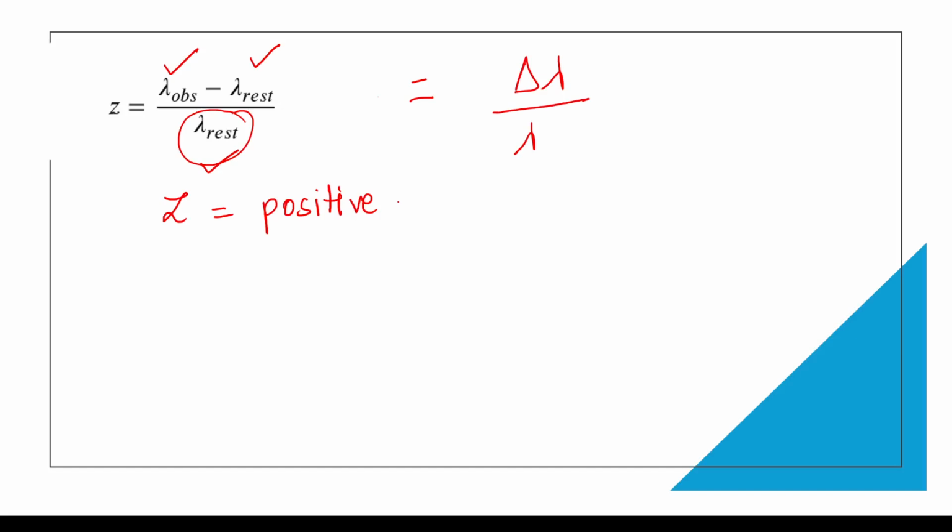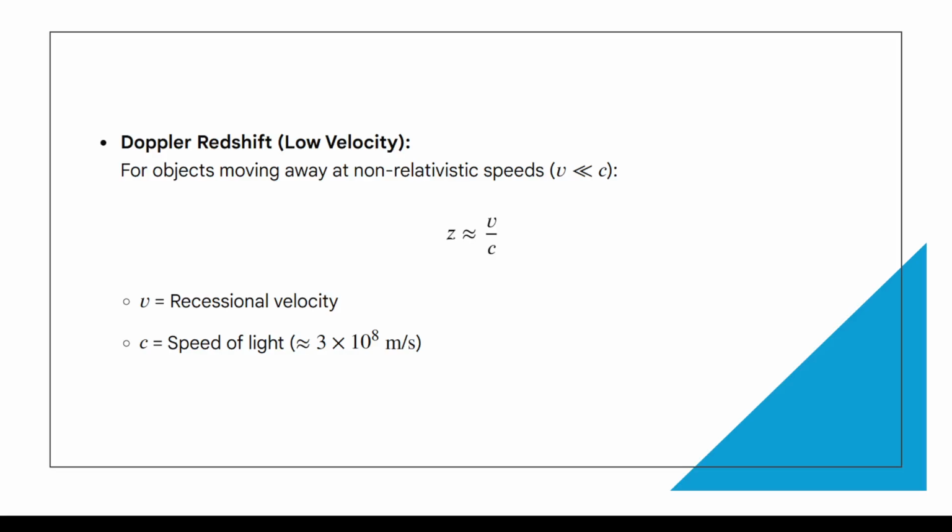Now also we can calculate, if the velocity of the galaxy or the star is low, this is also one of the relationships that is part of A-level physics. So v over c equals z, where c is the speed of light, almost 3 times 10 to the power 8 meters per second, and v is the recessional velocity.